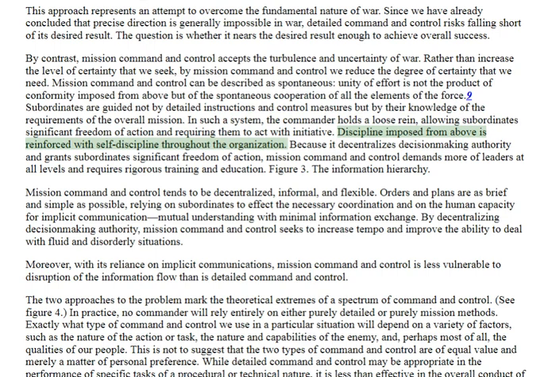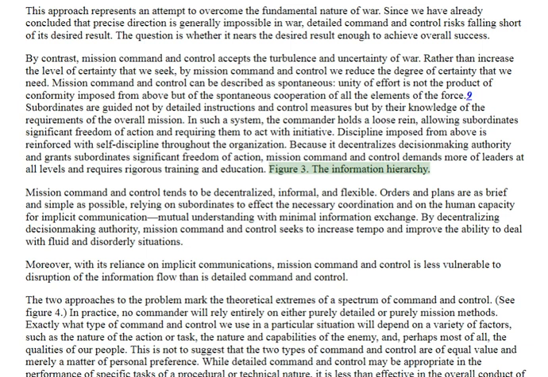Discipline imposed from above is reinforced with self-discipline throughout the organization. Because it decentralizes decision-making authority and grants subordinates significant freedom of action, mission command and control demands more of leaders at all levels and requires rigorous training and education.